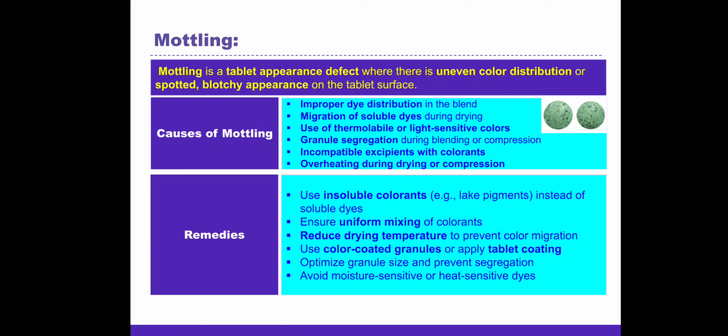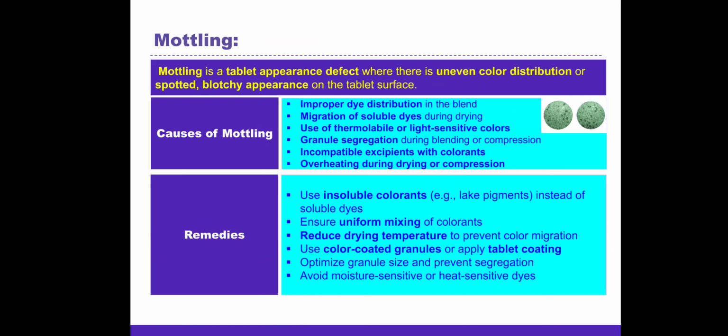While adding colorant at the granulation stage, we should ensure that it is distributed uniformly so that we will not face a mottling problem at the compression stage. Reduce drying temperature to prevent color migration. We have to maintain the appropriate drying temperature so that we can avoid migration of dye and ultimately avoid mottling.